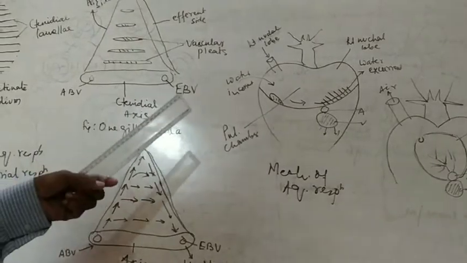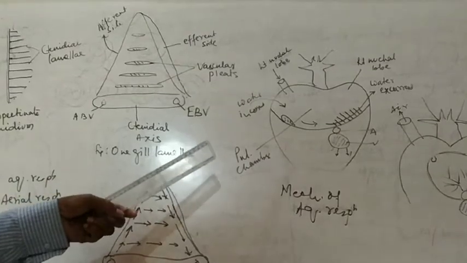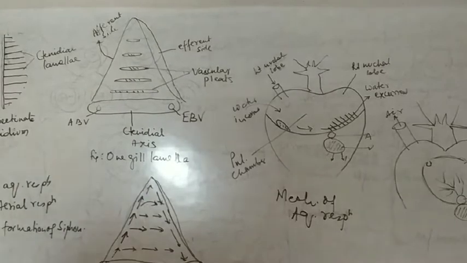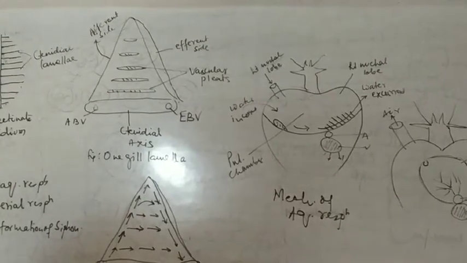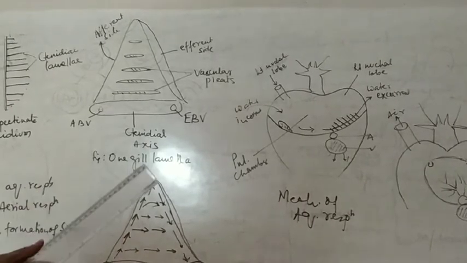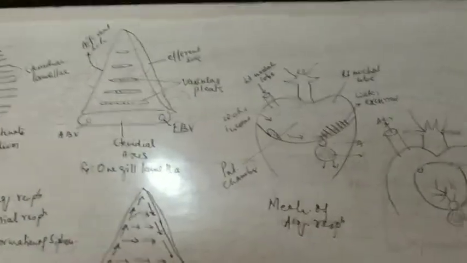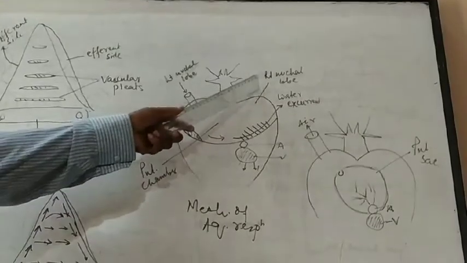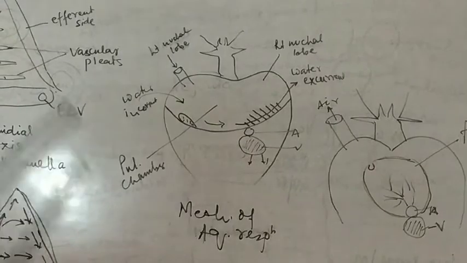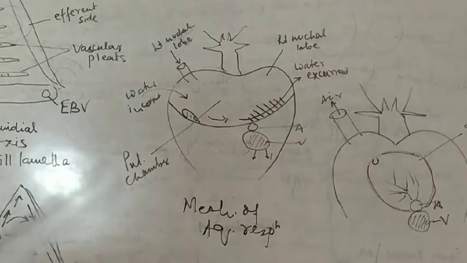Now when the species remains in the substratum, in muddy soil, first of all it extends its nuchal lobe. But mind it, the extension of the left nuchal lobe is more than the right nuchal lobe. You see, that is the left nuchal lobe, there is the right nuchal lobe. When it extends the nuchal lobe to form a siphon-like structure, the left nuchal lobe is slightly longer than the right one.